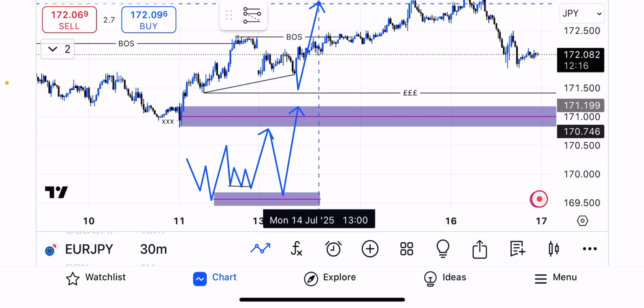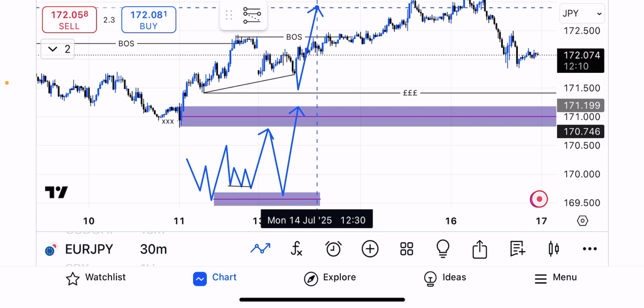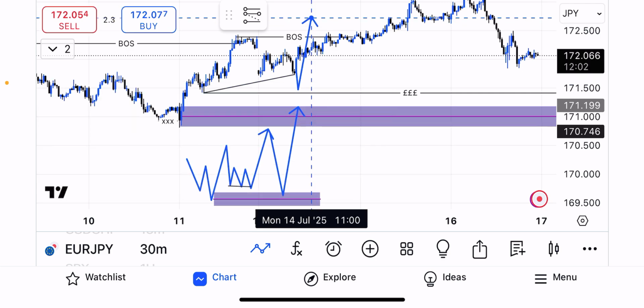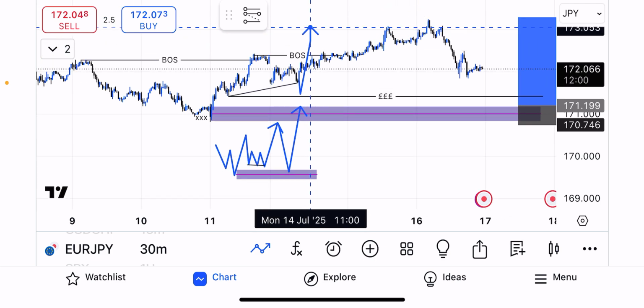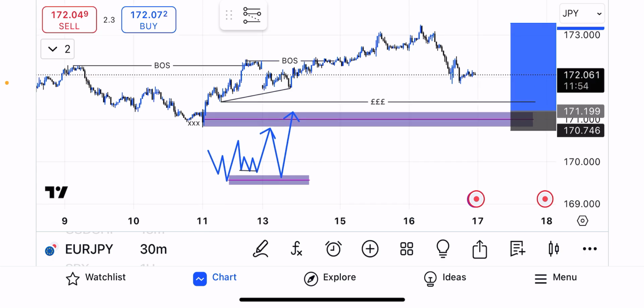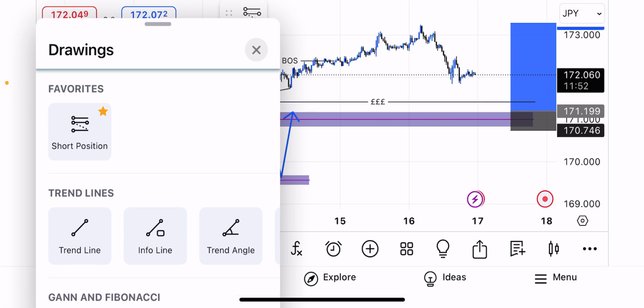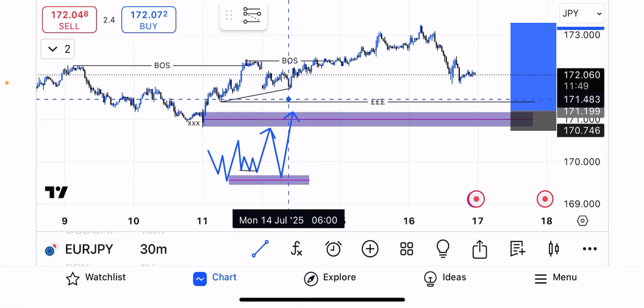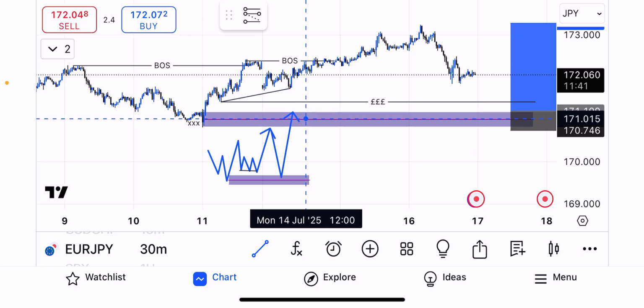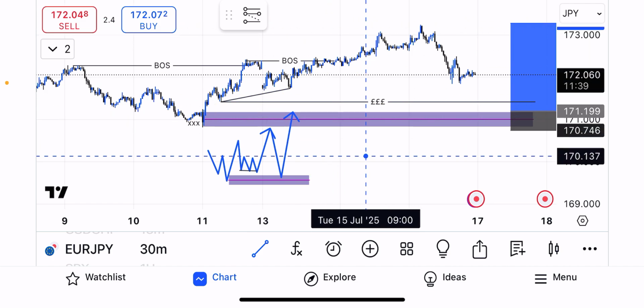The liquidity is what attracts price to your block. Do you understand me? The liquidity is what draws the attention of the price to your block. So like I said, price can sweep just this liquidity and reverse upward, or it can take out the whole liquidity here and tap into this zone and reverse upwards.